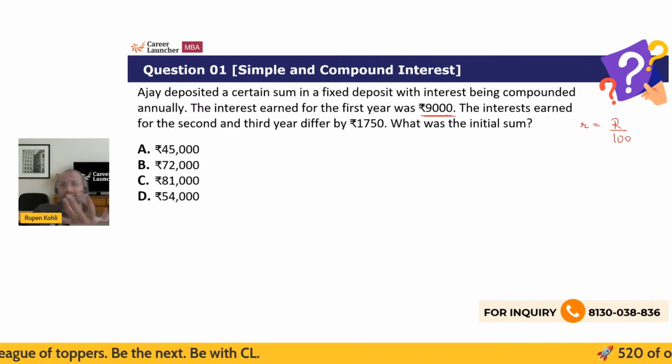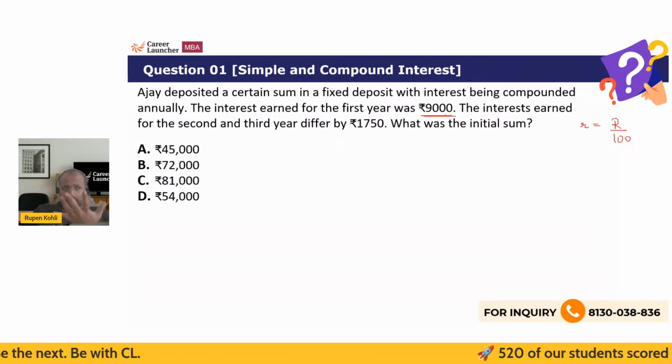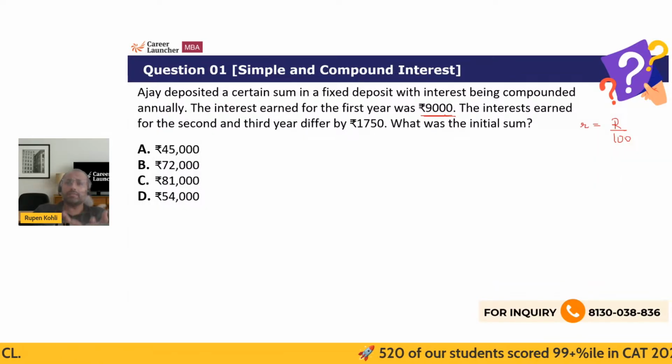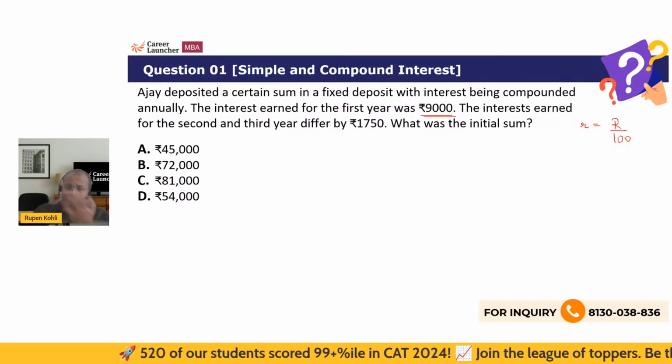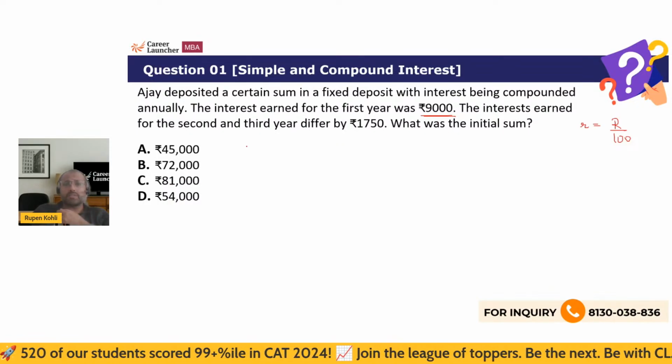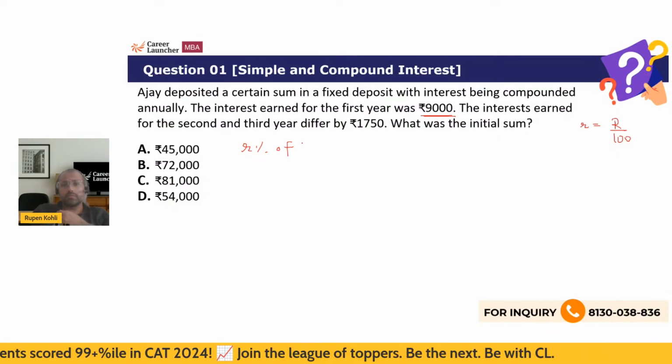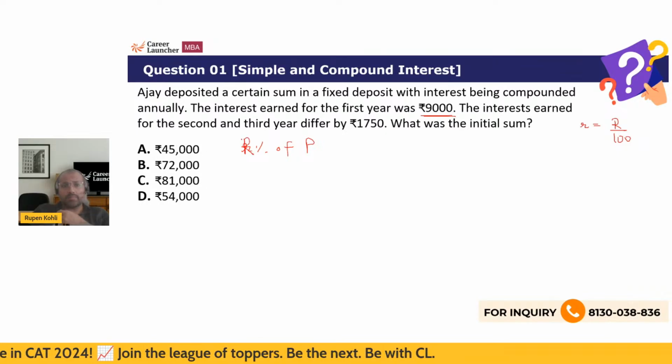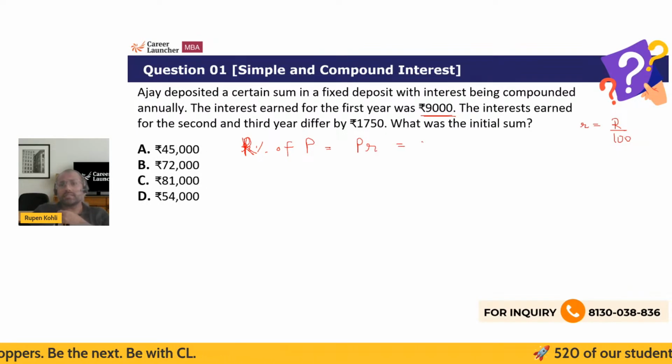This 9,000 is nothing but r percent of the principal P, simply because in the first year the interest is only on the principal. So P into r is 9,000.